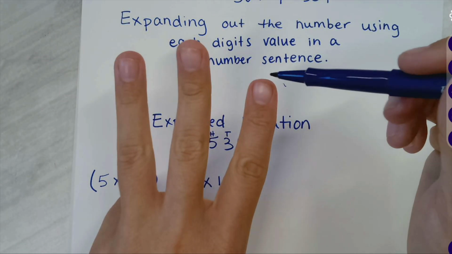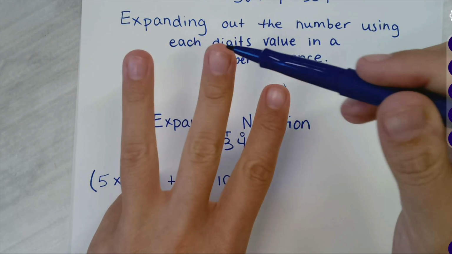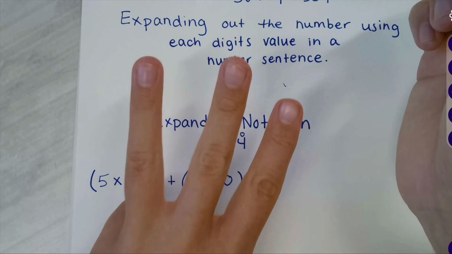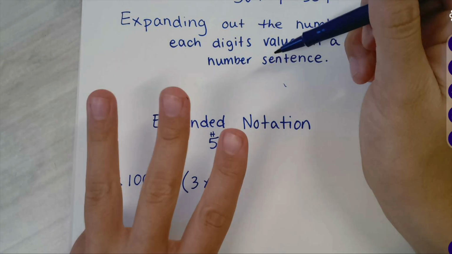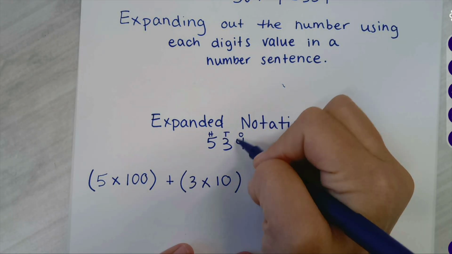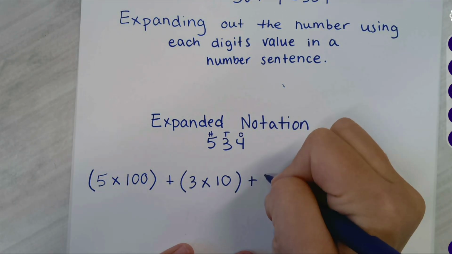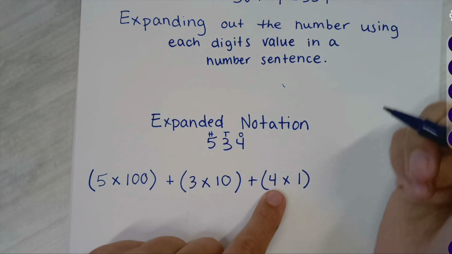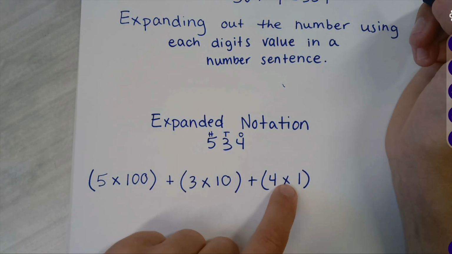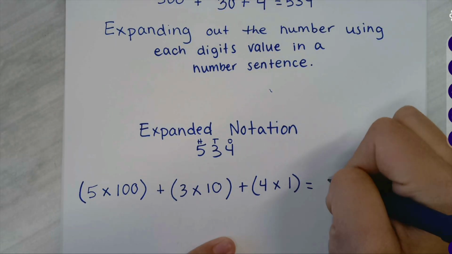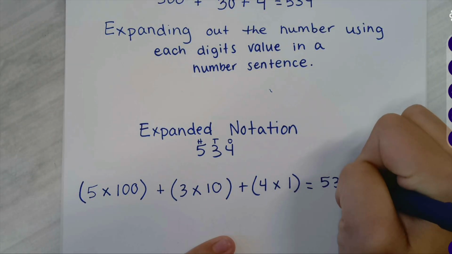And in 3 longs, I have 1 ten, 2 tens, 3 tens. 3 groups of 10. But we're not done because we got ones. Plus 4 groups of 1. All that means is I have 4 groups of units. Equals 534.